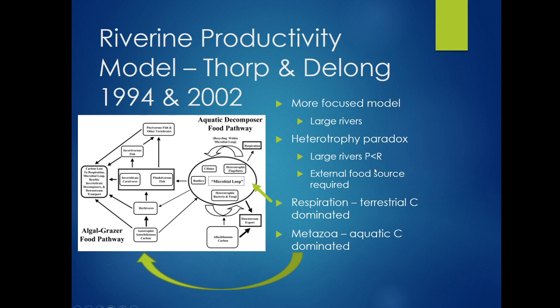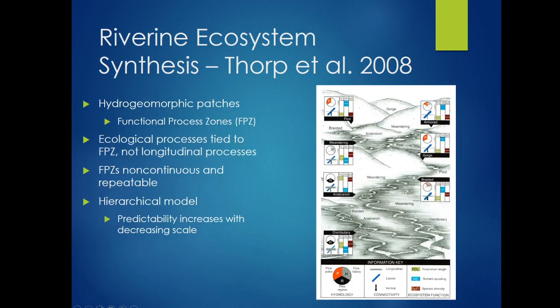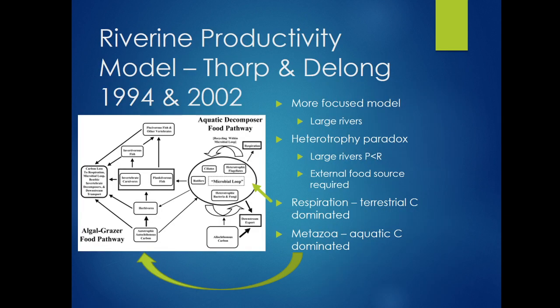But what's left out is an external food source. So if we look at in-stream production, we can see that there is a certain amount of photosynthesis going on. Now, some of that photosynthesis is being used by the system, but there's a whole lot more. There's this difference between allochthonous and autochthonous energy.